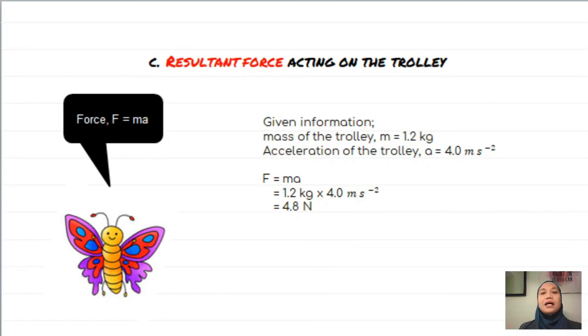Now remember, resultant force is the application of Newton's second law, which is F equal to ma. Given that the mass of the trolley is 1.2 kilogram and the acceleration is 4.0 meters per second squared, the answer will be 4.8 Newton.